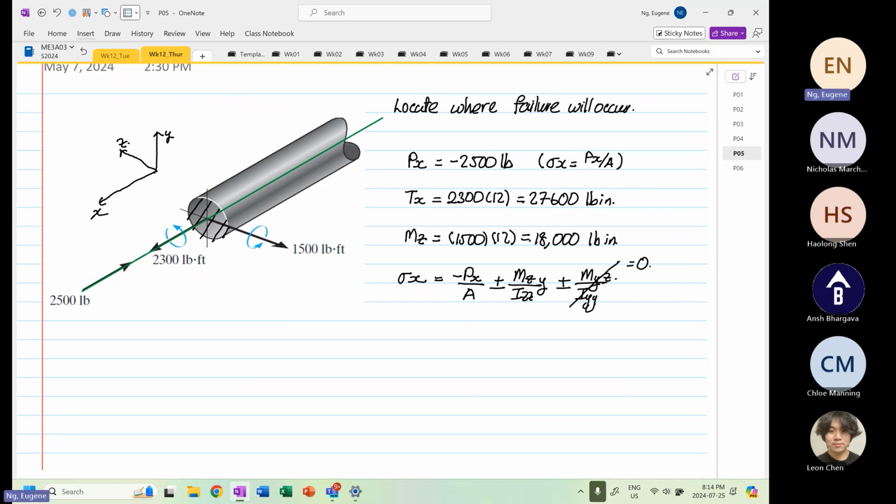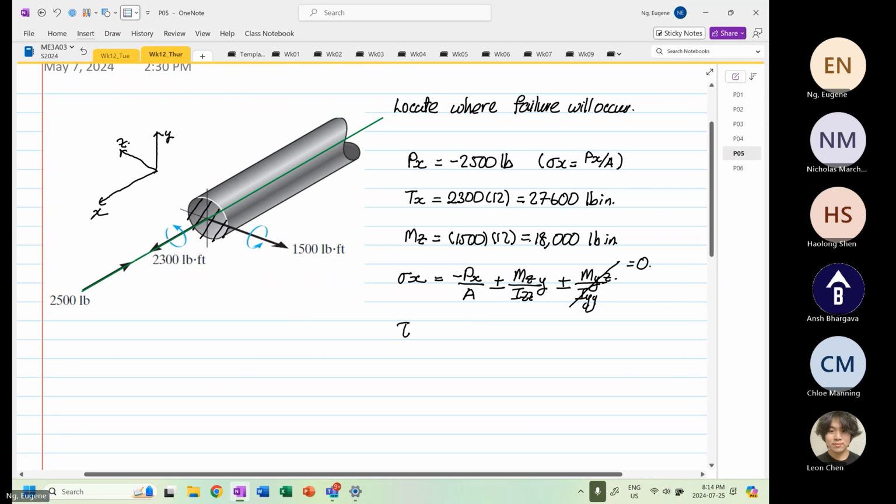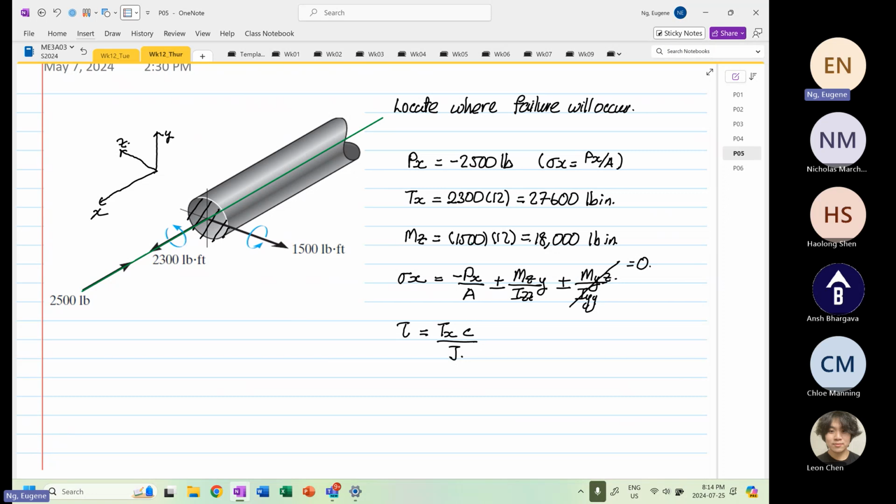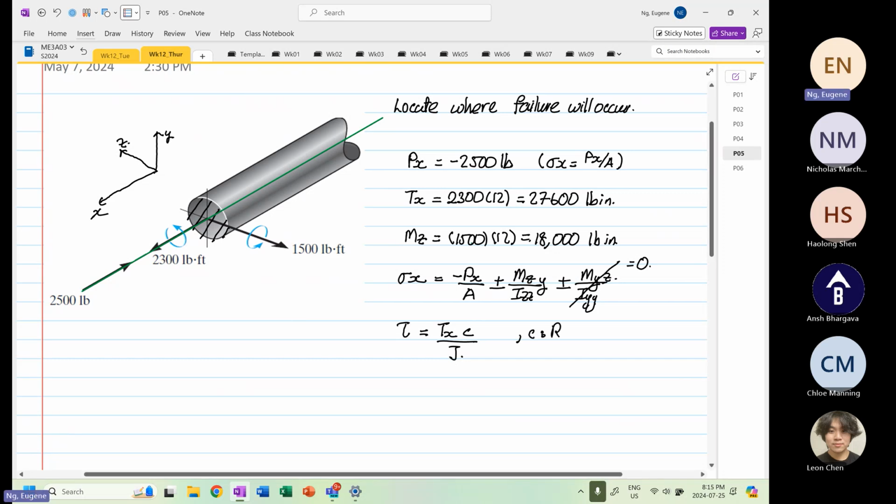And then the next one, we know that we have a shear, and the shear is equal to Tx multiplied by c divided by J. So there are two formulas that we are going to use. Here c is the radius of the shaft.